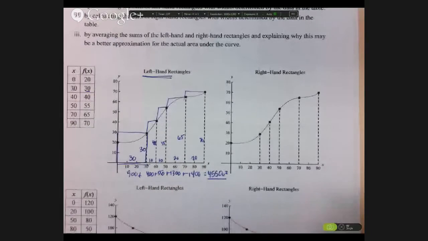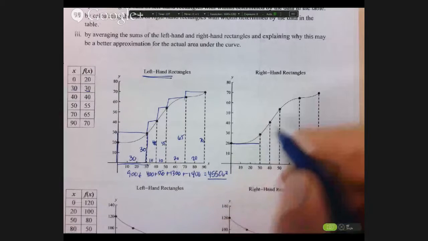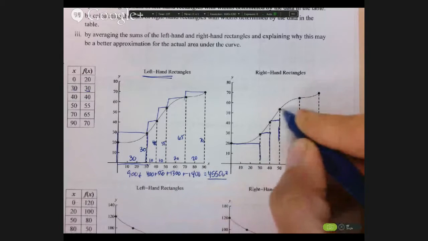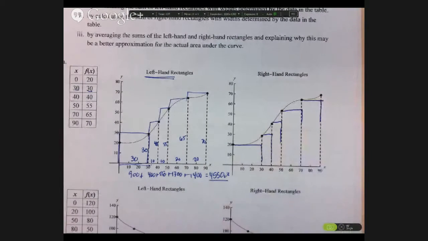Okay. On the right-handed rectangles, they look like this. So are we going to get a high or a low estimate? Low estimate, you're right.